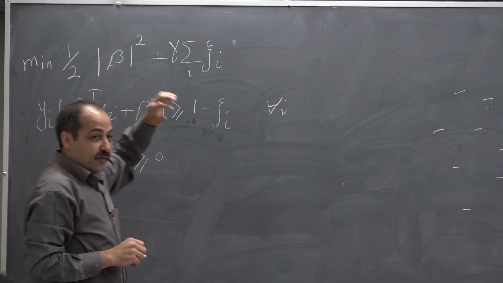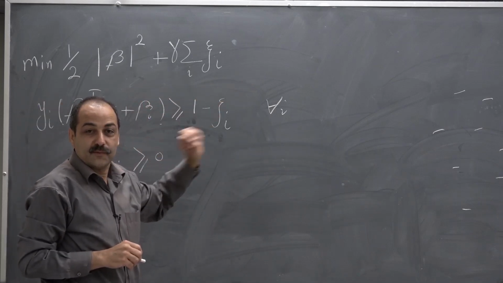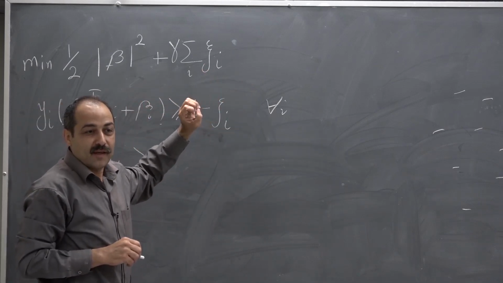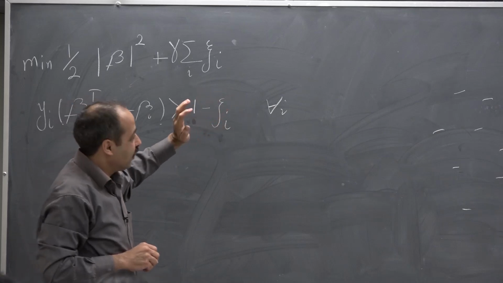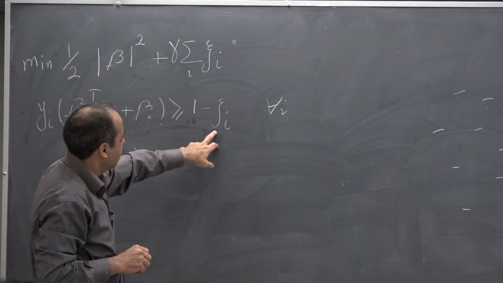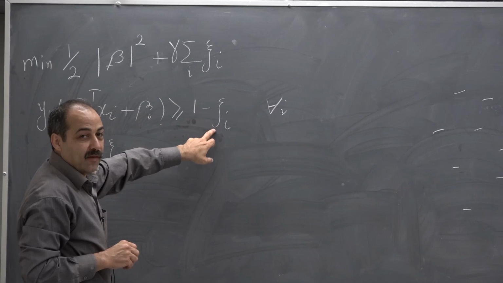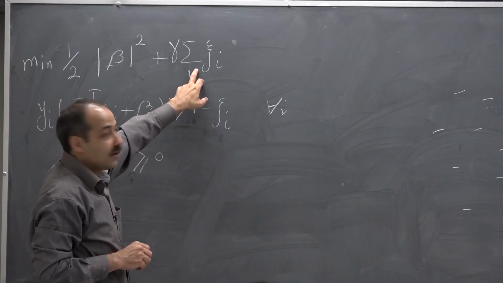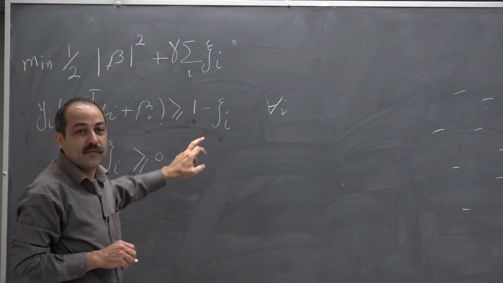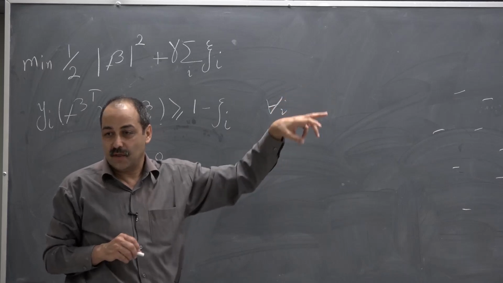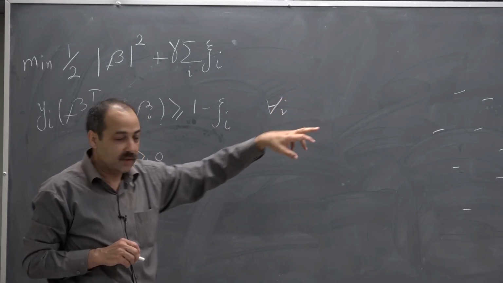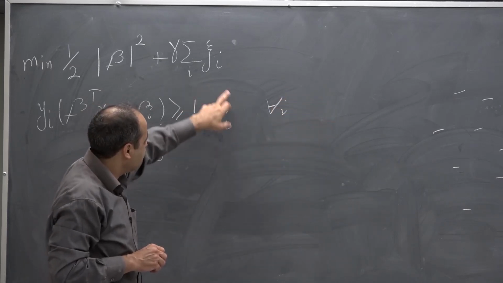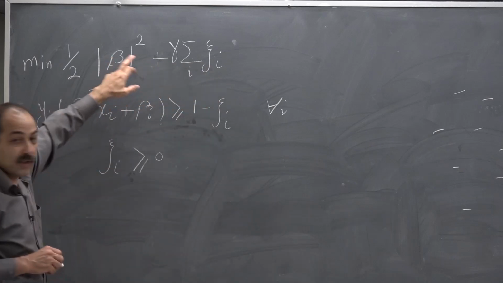So if they are good points, they don't violate the constraint, this value is going to be 0 and nothing will happen here. But if they go over the margin or the decision boundary, then they need a positive value here, and this will be added to my objective function.